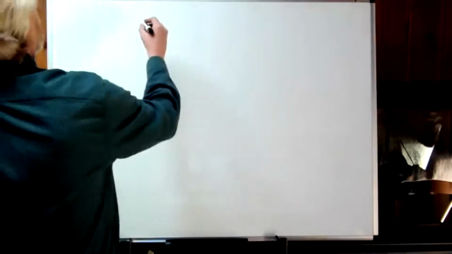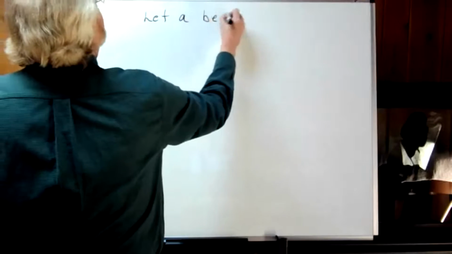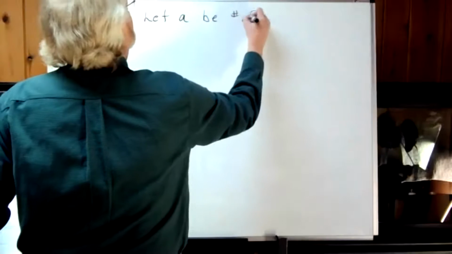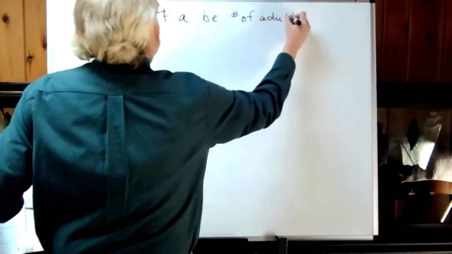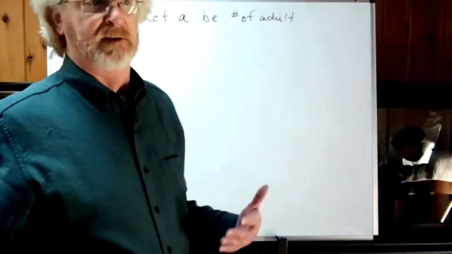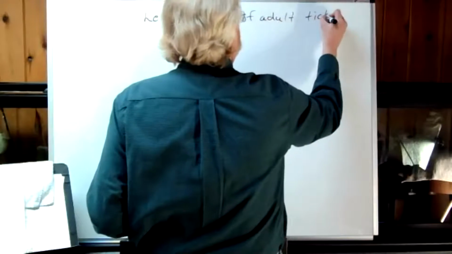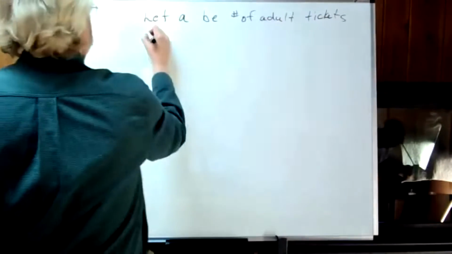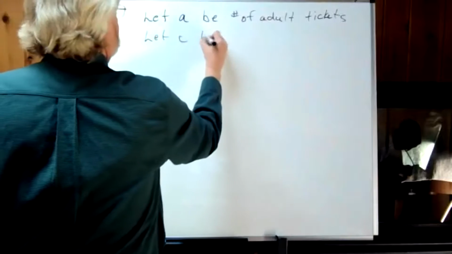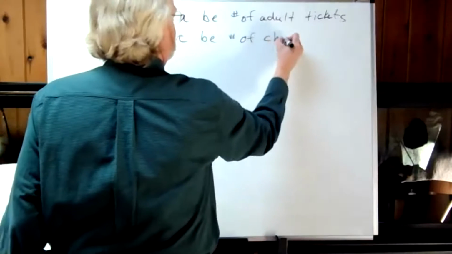And so I might say, let A be the number of adult tickets. You can use X or Y, but be careful that your teacher doesn't ask you to use a specific variable, okay? And let C be the number of child tickets. That's what we're looking for.